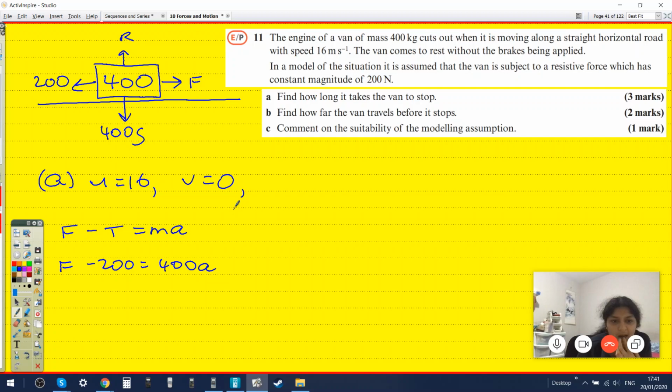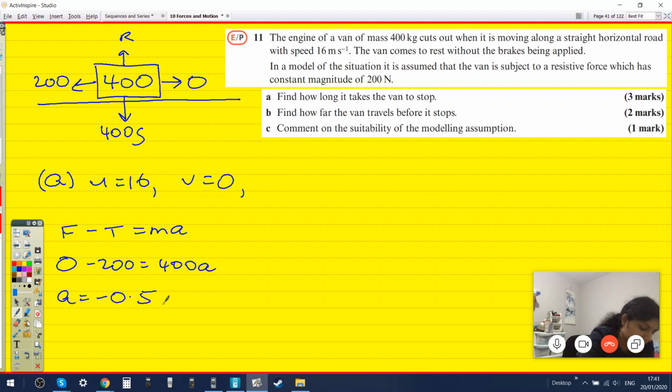Is F oh, hold on. The engine cuts out. So F is 0, I believe. Oh yeah, there's no driving force. That makes sense. So it's decelerating until it reaches 0. So minus 200. So A is equal to minus a half.